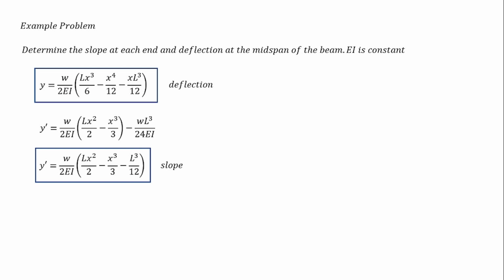So to solve the problem, since what is being asked here is the slope at each end and the deflection at the midspan, first, let's solve the slope at each end. For the slope at each end, our x at the support is x equal to 0 or x equal to L. What we will use, of course, is this equation for our slope.